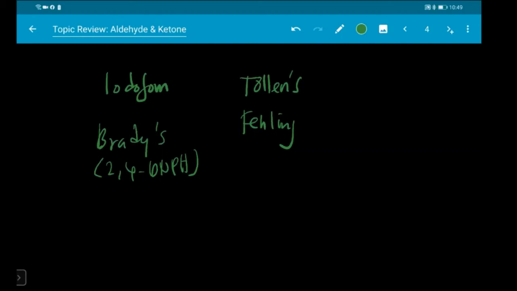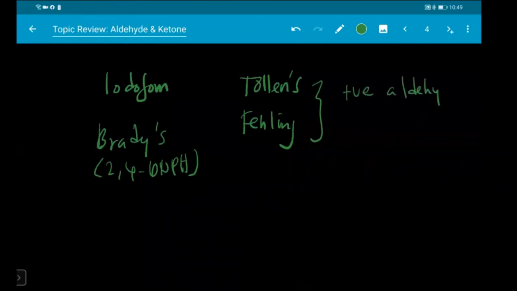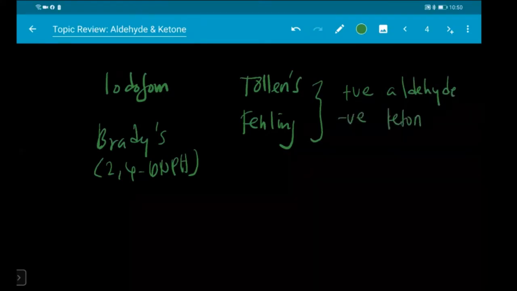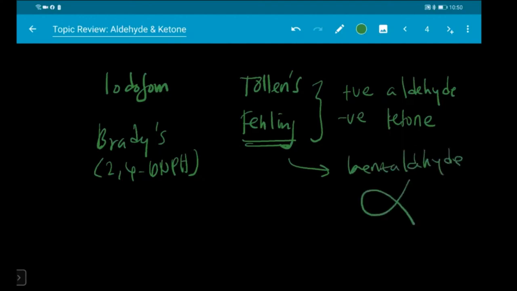Okay, Fehling ni, both the tolerance and Fehling is positive for aldehyde, negative for ketone. However, for Fehling ni kan, satu aldehyde je tidak balas, iaitu benzaldehyde. Benzaldehyde dia tak boleh tindak balas.